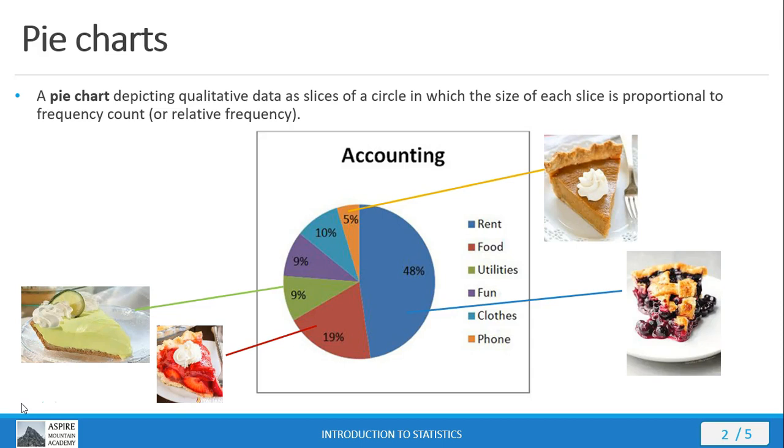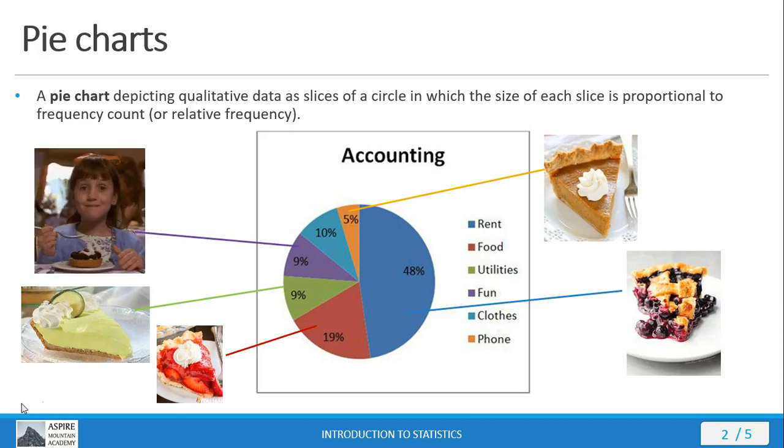So purple is going to be like Matilda surprise pie. Then this other blue right here, we said it's blueberry over here. So, yeah, I'll have to think about something for that piece and get back to you.